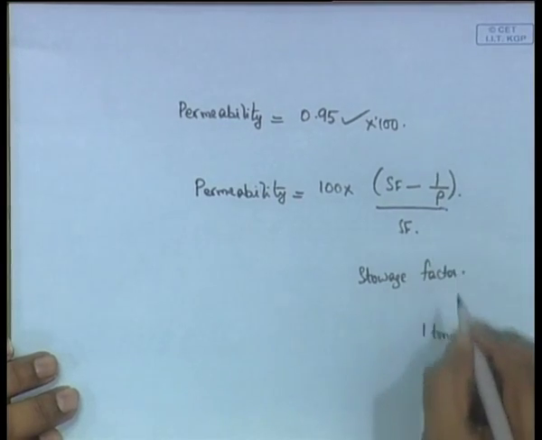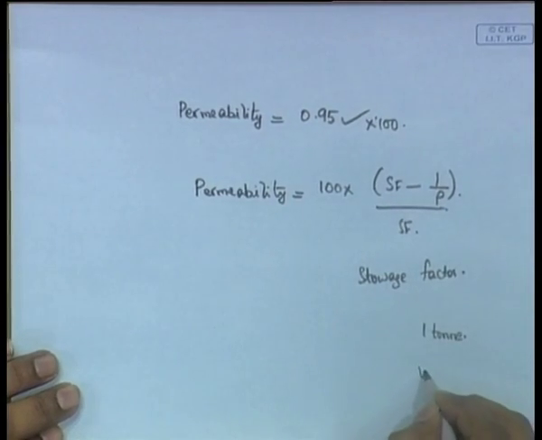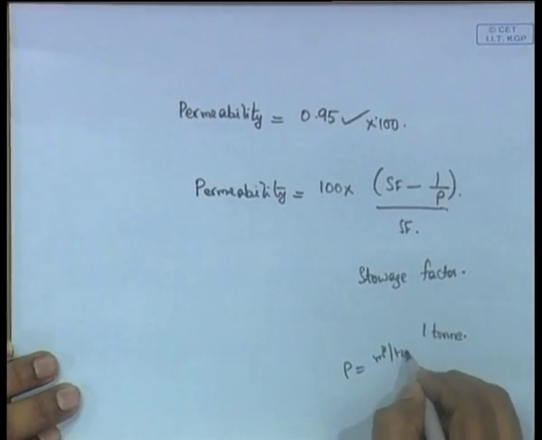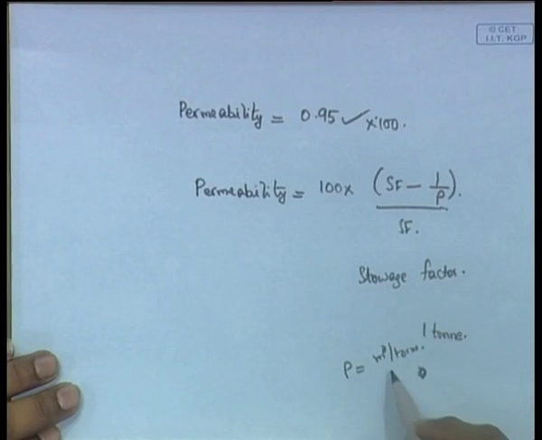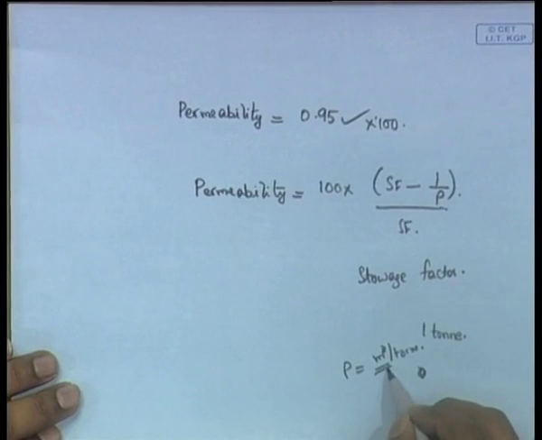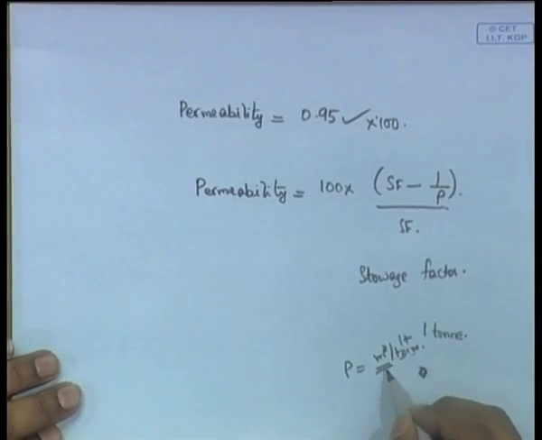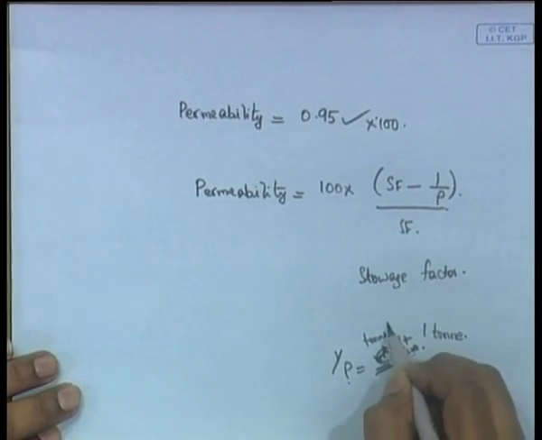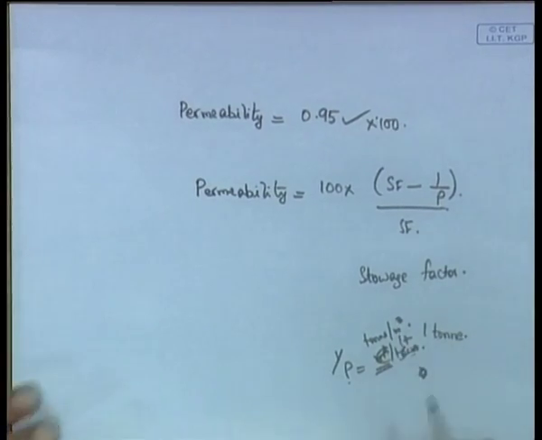In hydrostatics at least, you express it in terms of tons and meter cube. If you assume 1 ton, 1 by rho gives you the volume. No, rho is in tons per meter cube, sorry, I made a mistake.